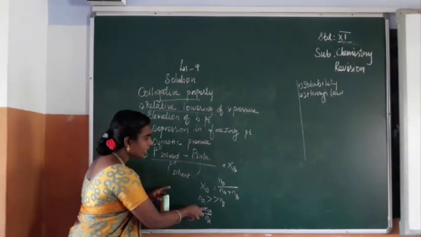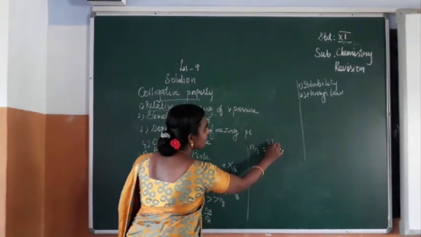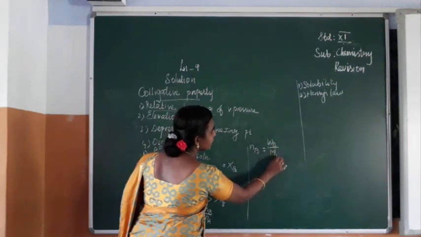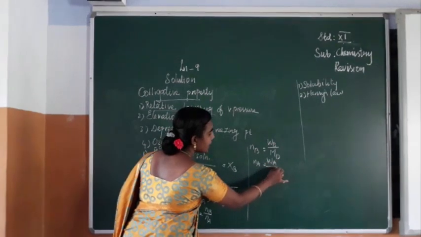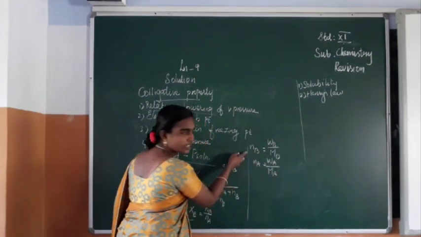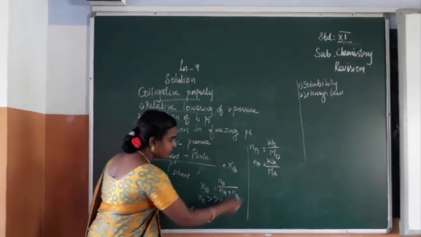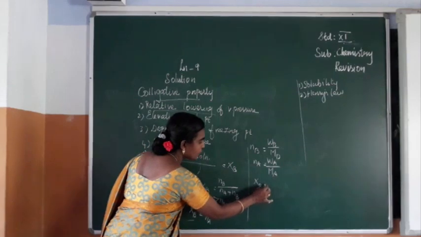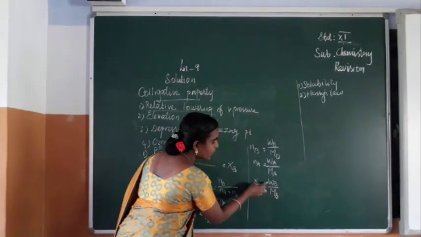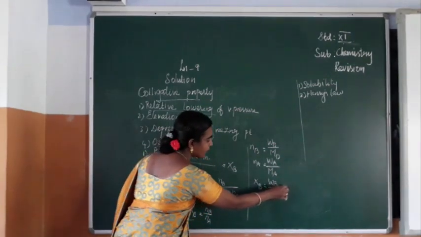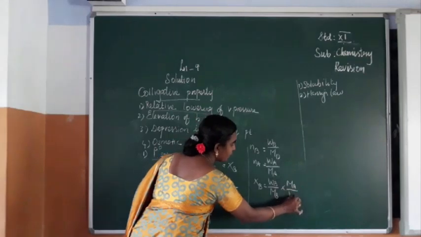Is it clear? So next, the number of moles of solute we can write like this: WB divided by MB. And NA we can write like this: WA divided by MA. When you substitute this NB and NA value in this equation, we can write XB is equal to WB divided by MB, where W stands for weight of the solute, into, taking the reciprocal, MA divided by WA.